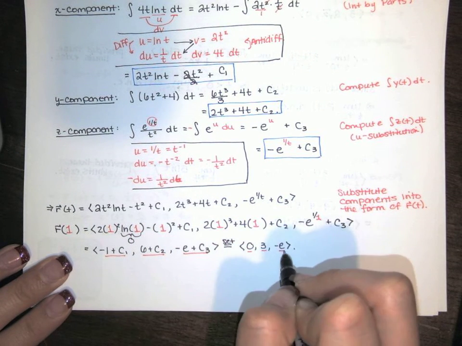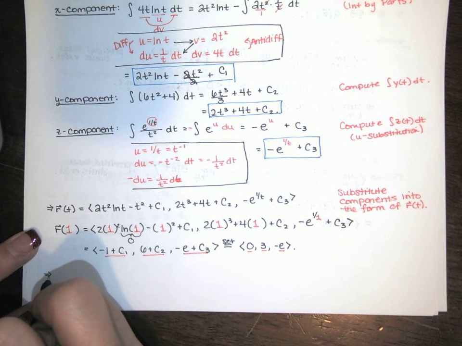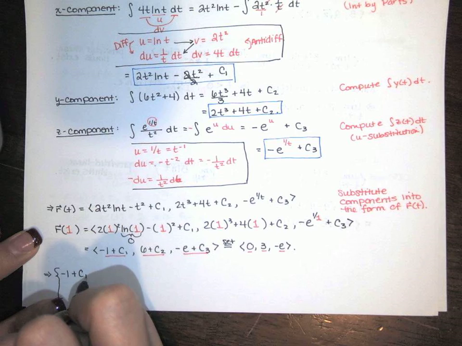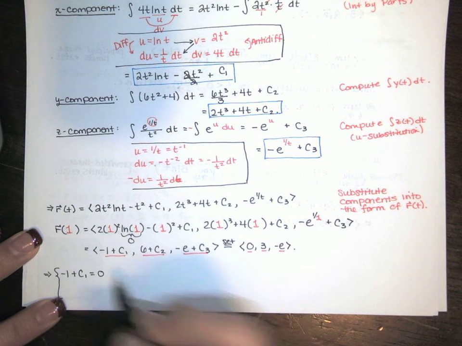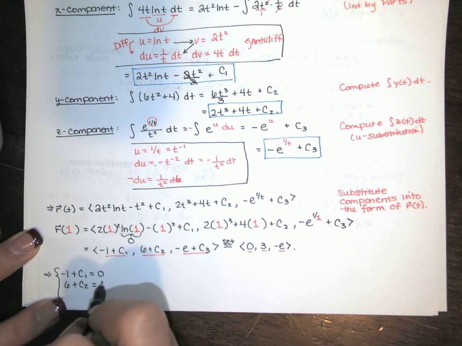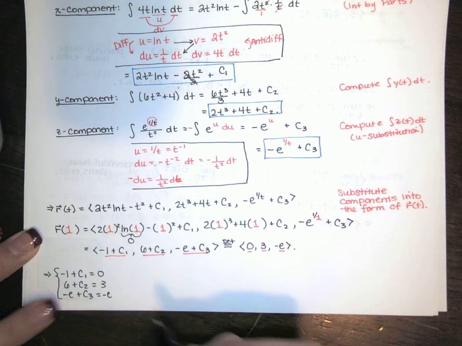And the z component has to equal the z component. Because the only way two vectors are equal is if their components are equal. So, with that in mind, I've got a system of 3 equations. Negative 1 plus c1 equals 0. And 6 plus c2, that has to be 3. And negative e plus c3 must be negative e.